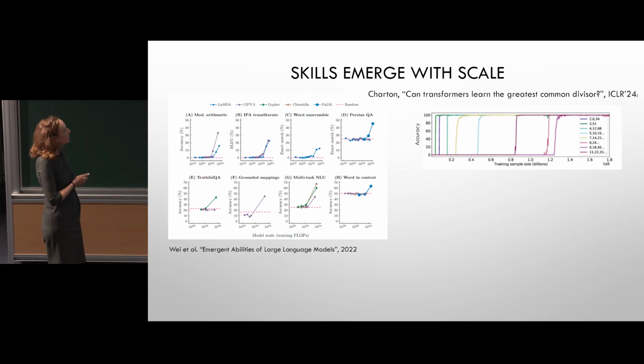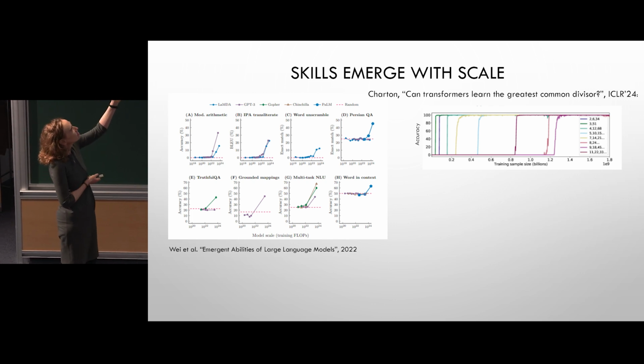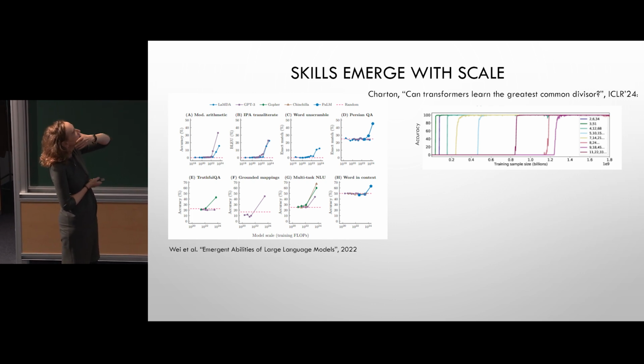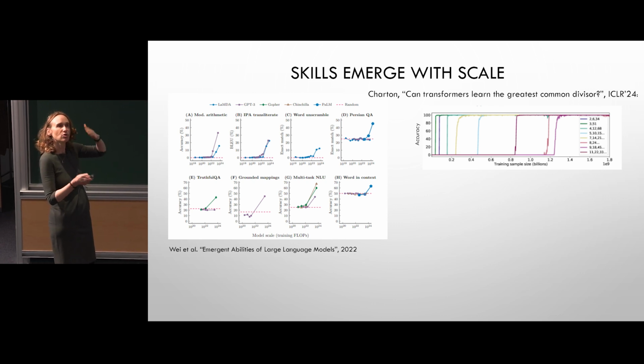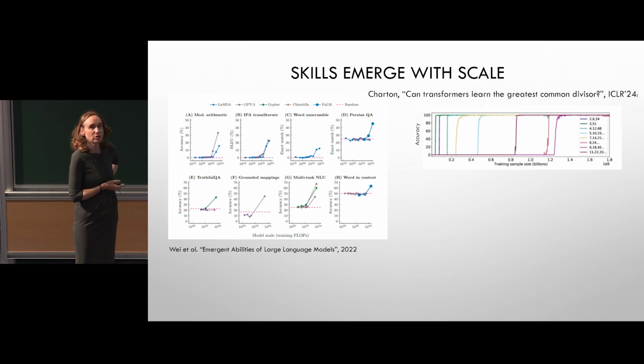For instance, there is this paper here, Emergent Abilities of Large Language Models, from a couple of years ago, where people observed that as we scale the model size or the data sets, in this case, I think the x-axis is training flops, so it's some sort of model size normalized with data, as we increase parameters and data, certain skills start to emerge.